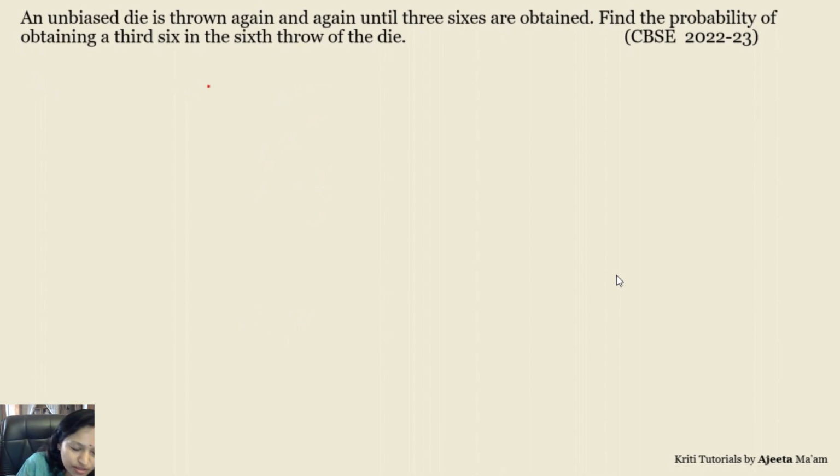So here we use a very simple concept. Suppose I take two events. Event A is getting two sixes in the five throws. I repeat again, getting two sixes in five throws.